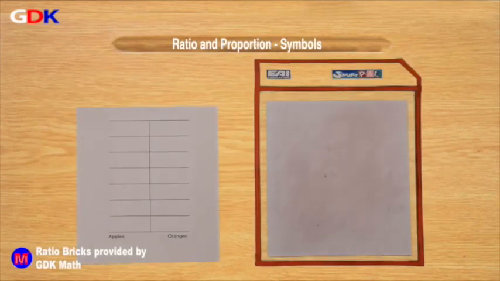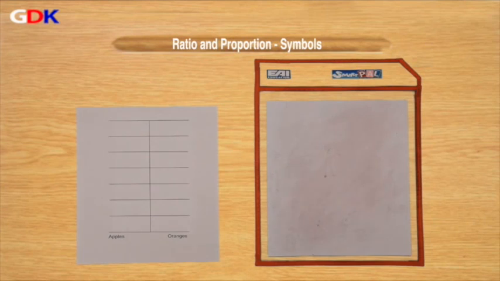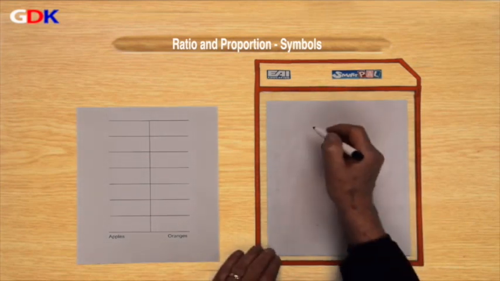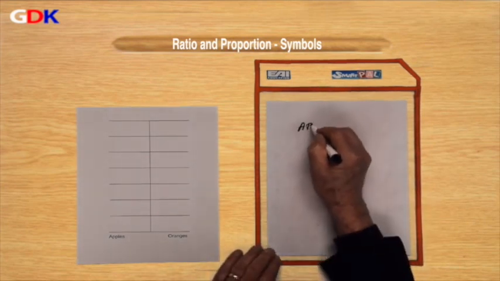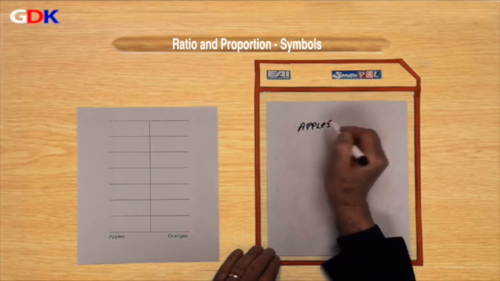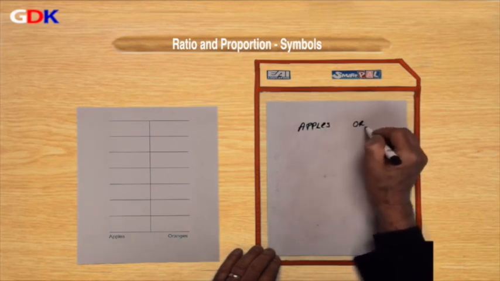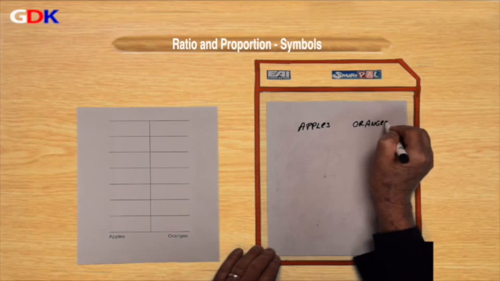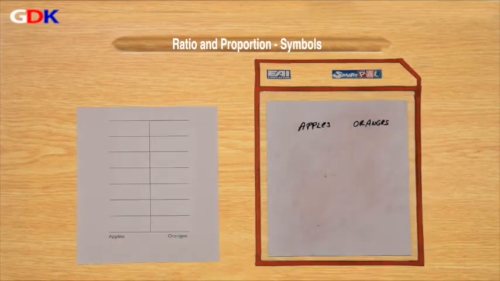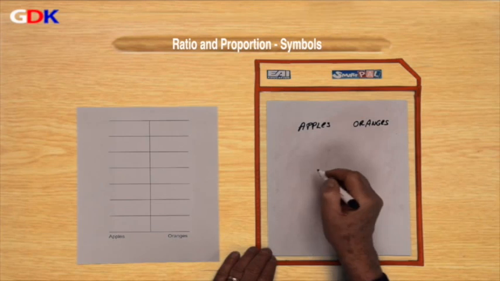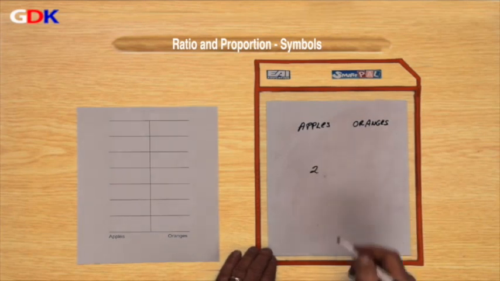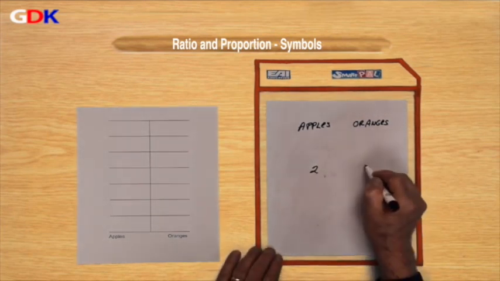We are looking at how to match things up when we distribute them or give them out in an unequal fashion. And so in this example, we're going to talk about how we give out apples and oranges. And what we're going to be doing is giving out a set of 2 apples for every set of 6 oranges.